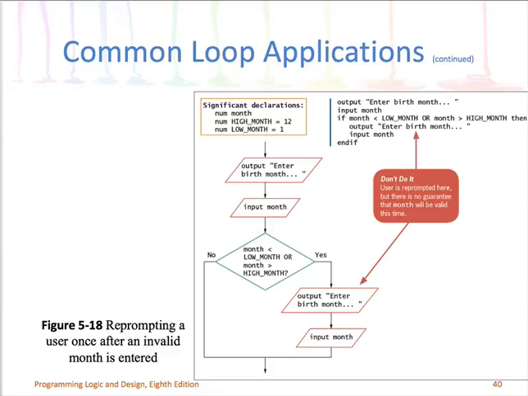So basically what they're showing you here is you're asking for a birth month and you're just trusting it. They can say the birth month is 20. And your program would very happily take 20 and try to process that.